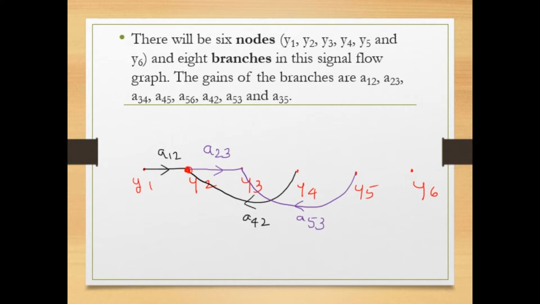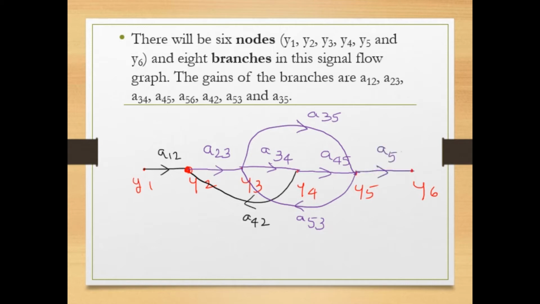So this is a34 into y3. Similarly, y5 is a45 into y4 plus a35 into y3, and the last one, y6, is a56 into y5.